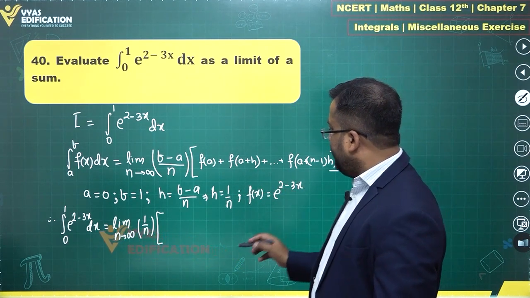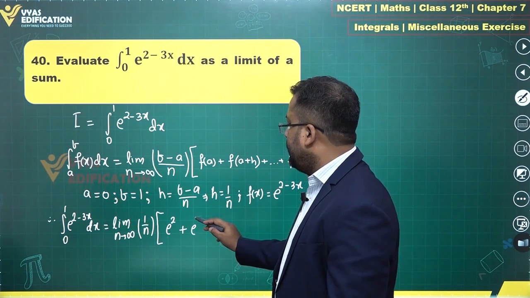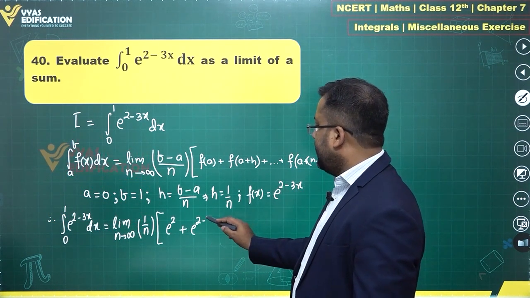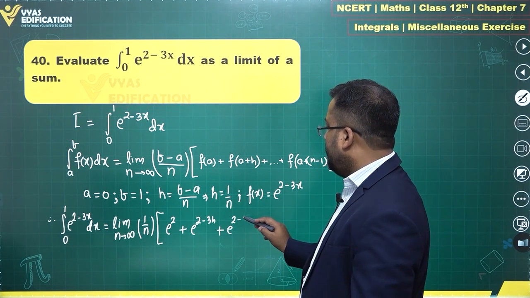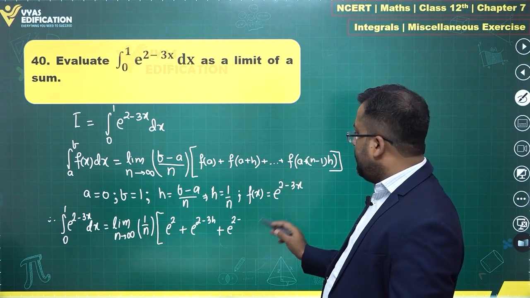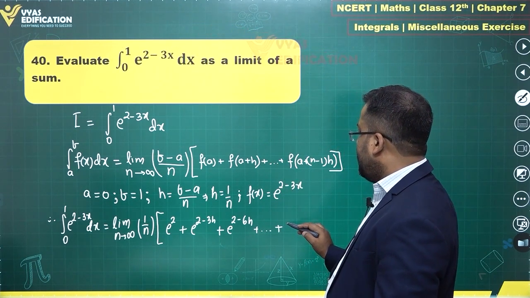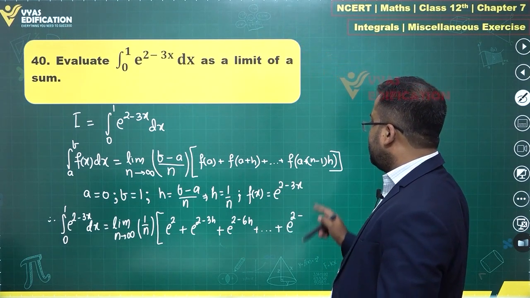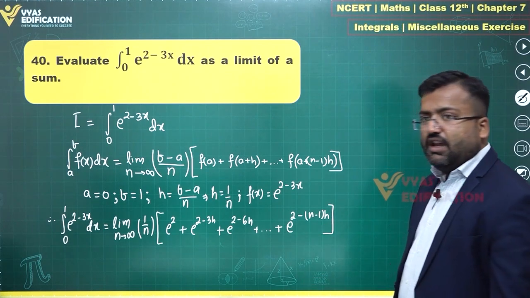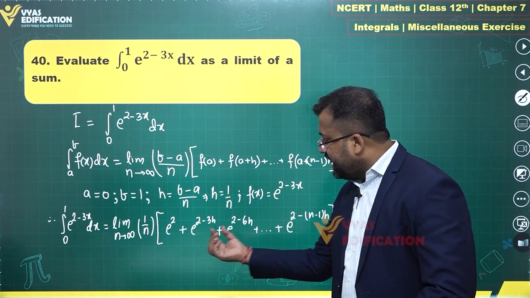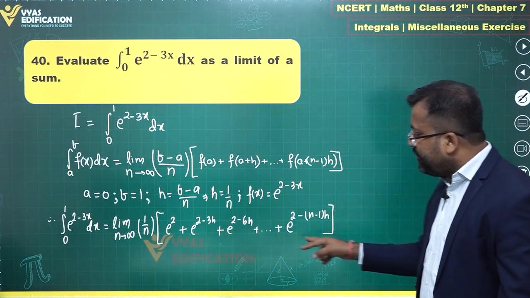So f of 0 will be e power 2, plus e power 2 minus 3h, plus e power 2 minus 6h, plus dot dot dot, plus e power 2 minus 3(n minus 1)h is what you'll have. If you observe, you are dividing by e power 3h continuously. So this is a geometric progression.